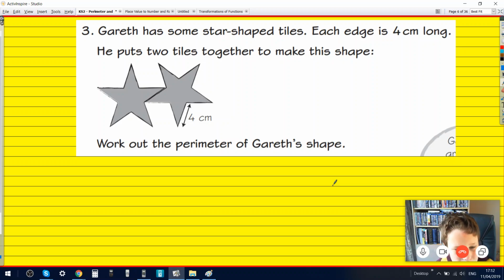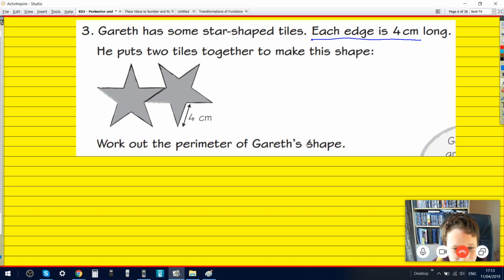Now all of these sides look the same size. They are? Yeah, they are. Each edge is 4 centimeters long.